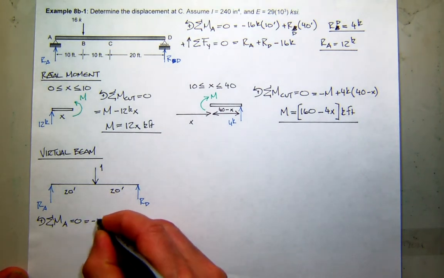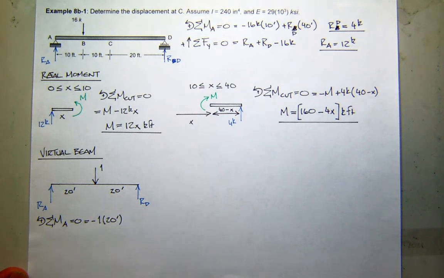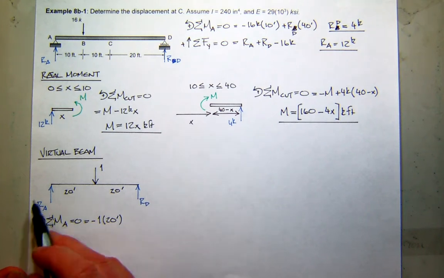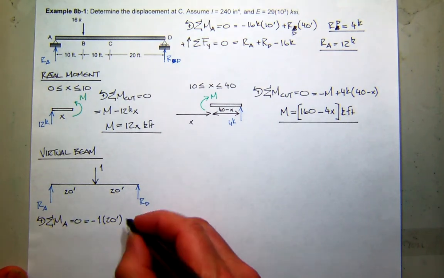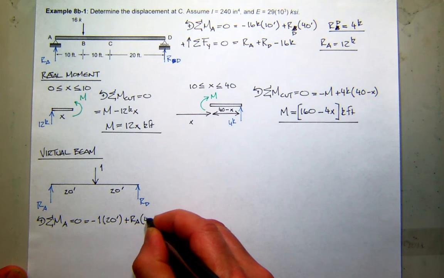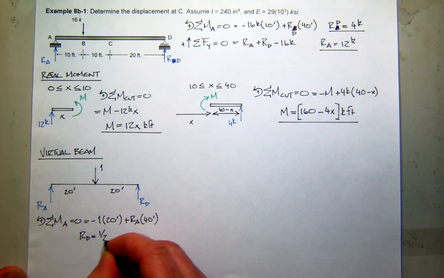Negative. So it'll be -1 times 20. And then my RD reaction creates what kind of moment about A? Positive, times 40. So it looks like RD is going to be 1/2.